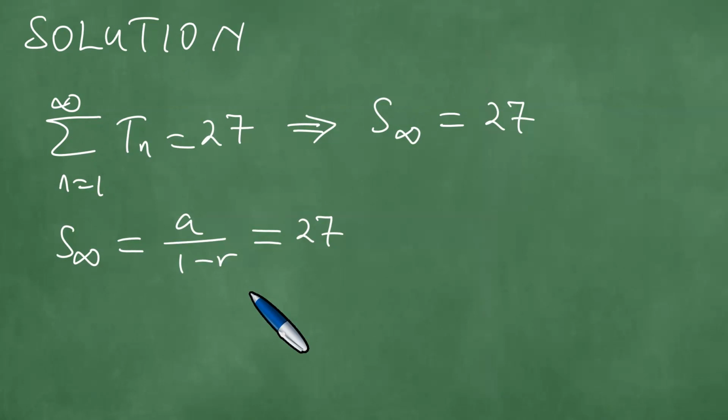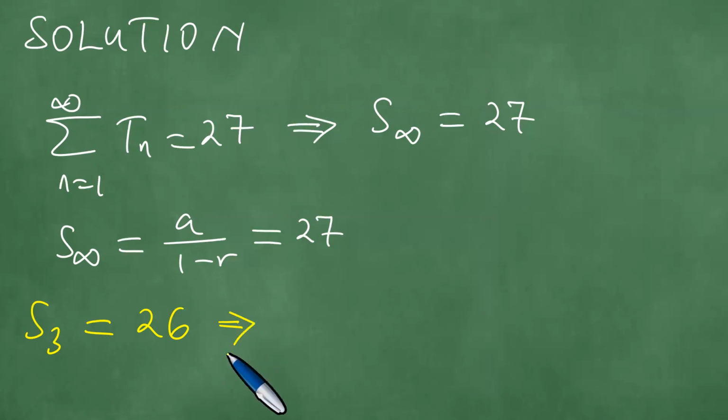We already know that the sum to infinity has its own formula, which is a over 1 minus r. But the examiner did not end there. The examiner went on to say, but you have S3. S3 is 26. What does it mean to say S3 is 26?